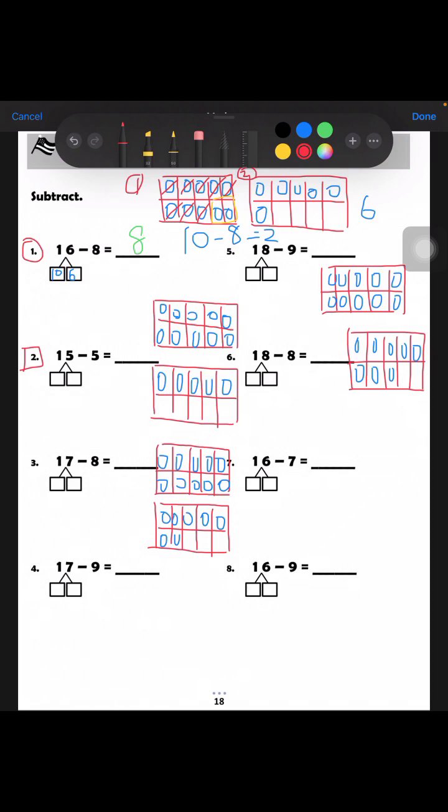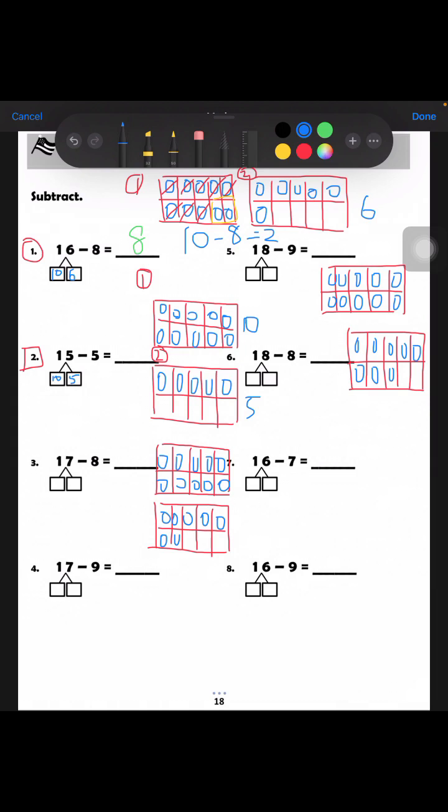So here we got two 10 frame sets, the first one and the second one. Okay, in the first set there are 10 circles, and in the second set there are 5 circles. So 15 is split into 10 and 5. Okay, now we need to take away 5 circles.